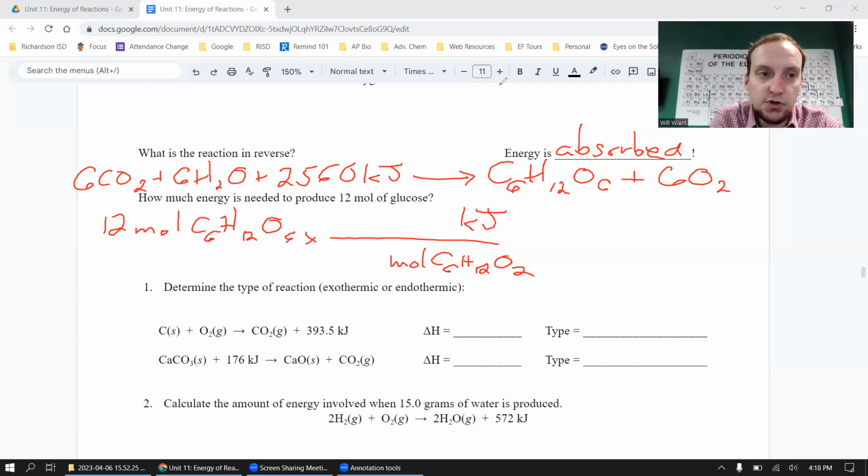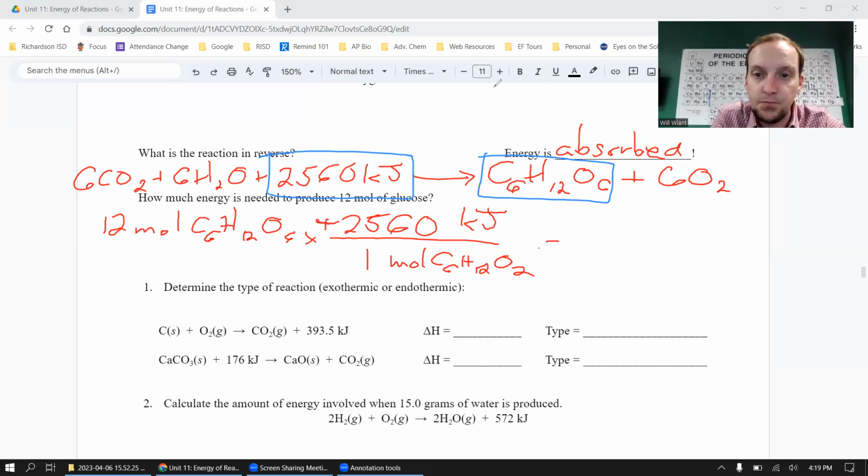So how many moles of glucose do I have? My glucose is now on this side. I don't see any number in front. Therefore, it's still going to be 1. My number of kilojoules, of course, is located right here. Now it's on the left side of the arrow, so it's going to be 2,560 kilojoules. But this time it's going to be a positive value because it's on the left side.